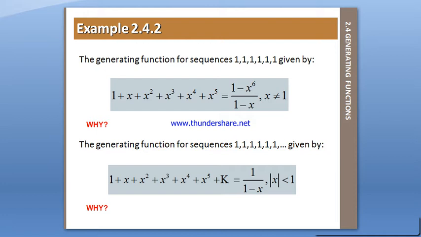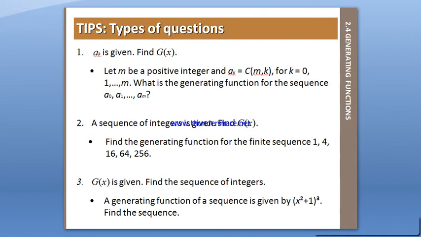So this is how we can represent either a finite sequence or an infinite sequence by the corresponding generating function expressions. Now let us see the type of questions that we may expect while representing sequences as generating functions.